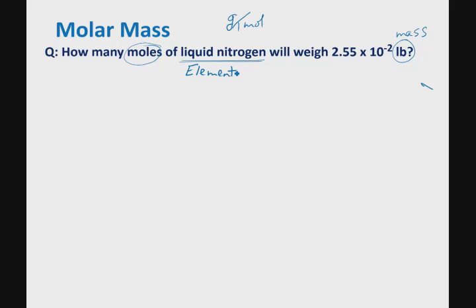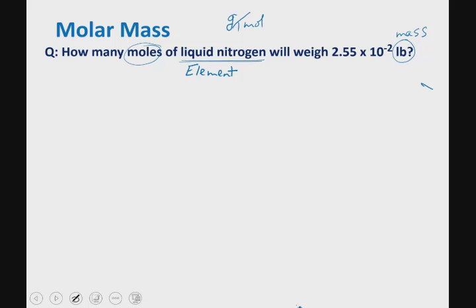From a few sessions ago, you need to remember that there are certain elements in the periodic table which I have already specified cannot exist as atoms in nature. They must exist as diatomic molecules. One of them is nitrogen. Now, this is something you have to know and remember. So please go back to that previous session if you've forgotten to write down which of those elements fall in this category.